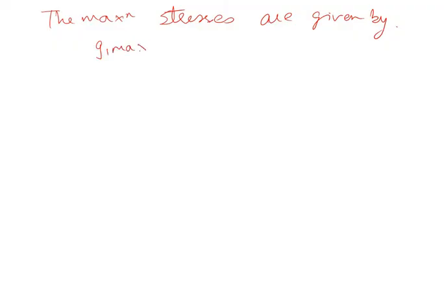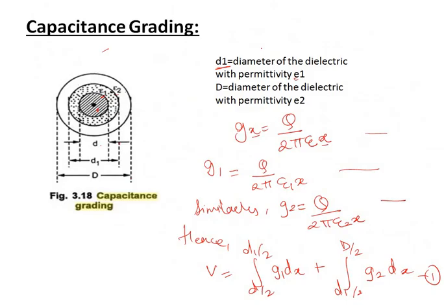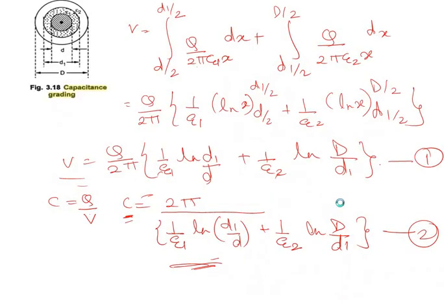The maximum stresses are given by G1 max is equal to Q upon pi into epsilon 1 d. This is from the first equation, and G2 max is equal to Q upon pi into epsilon 2 d1.